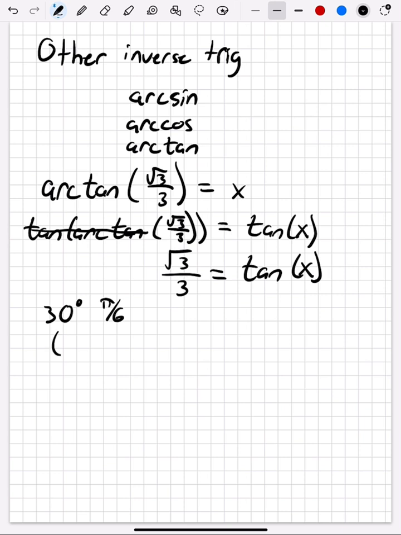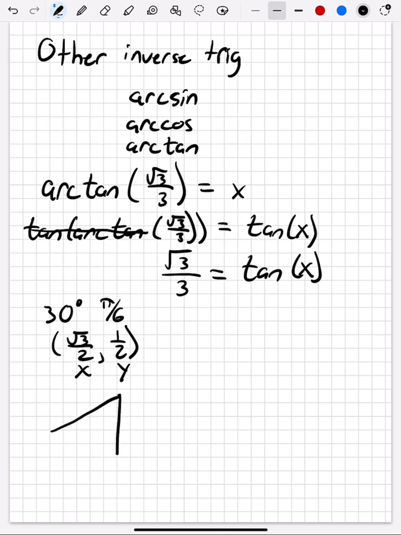So the coordinate for that 30 degrees is the square root of 3 over 2 and 1/2. Now when I look at the unit circle, this is my x coordinate and this is my y coordinate, right? Y represents up and down, x represents left and right. So let's do that in a triangle.